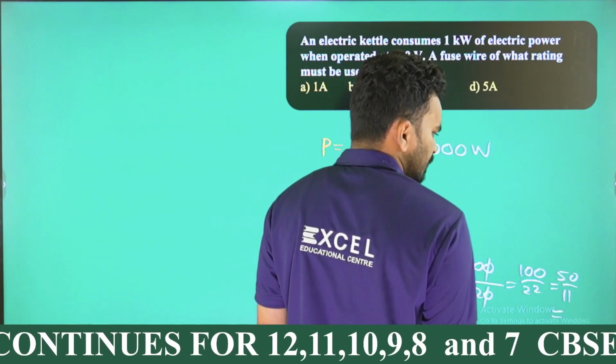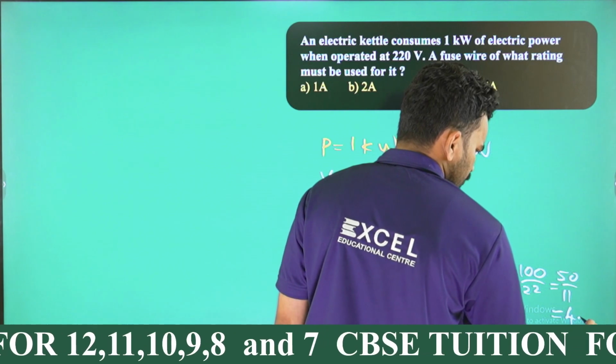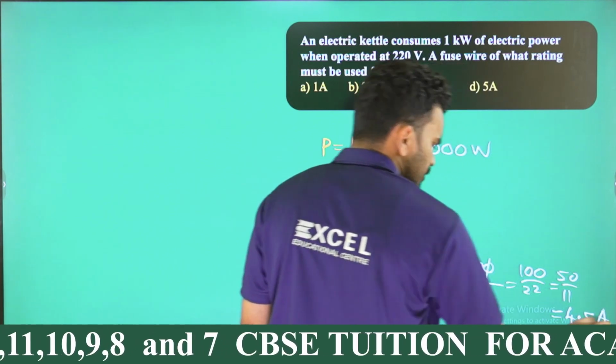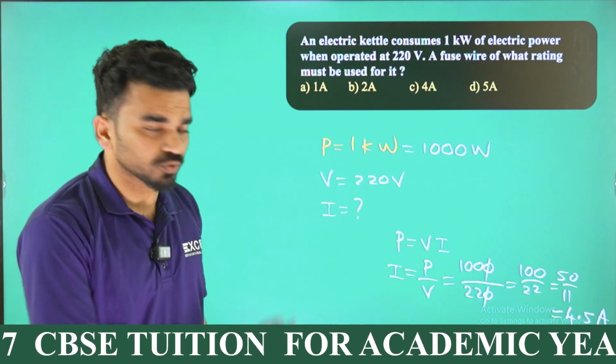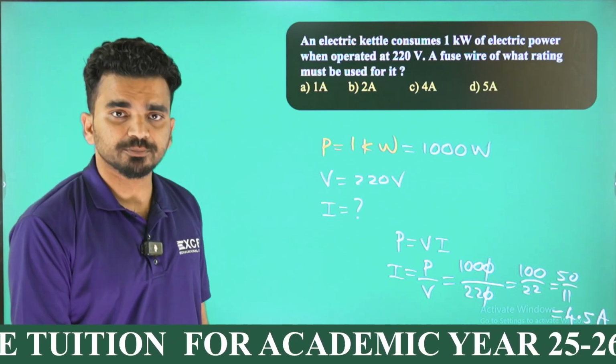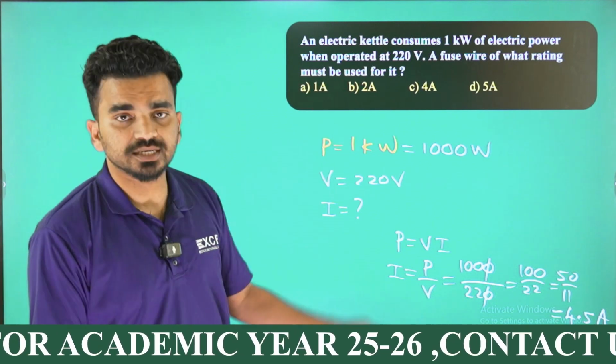If you solve this again, you will get 50 by 11. 11 fours are 44, so it's somewhat like 4.5 ampere. You can check it out. I'm not doing the exact calculation, just a somewhat closer answer to ensure you got the same answer. 4.5 ampere is the current required for this electric kettle.